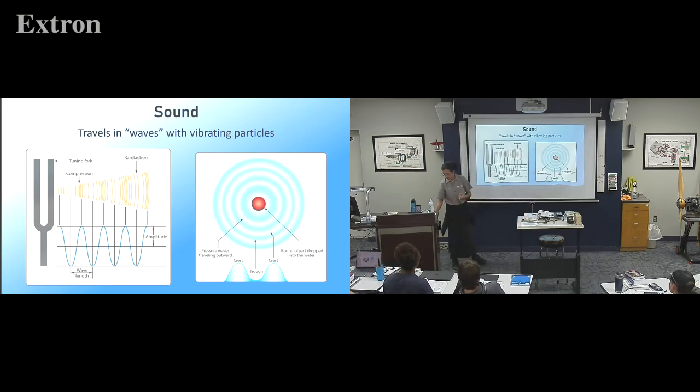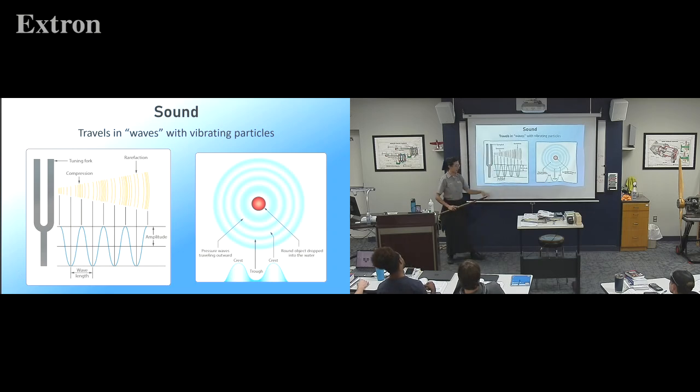And as it is vibrating, it is pushing little particles in what is called compression. The little particles get closer together, and then rarefaction just means they're spreading out. So they're compressing, spreading out, compressing, spreading out.